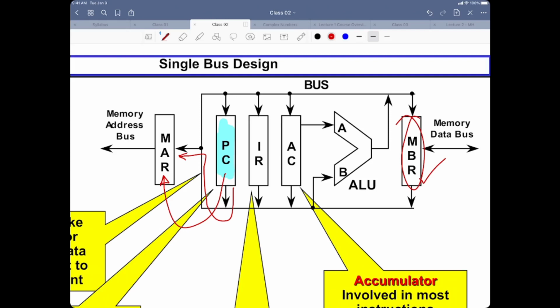Those are in the MBR now. That's our next step. From the MBR, where do they need to go? IR. Through what? Through the bus. From here, right? So write to the bus and then bus to IR.